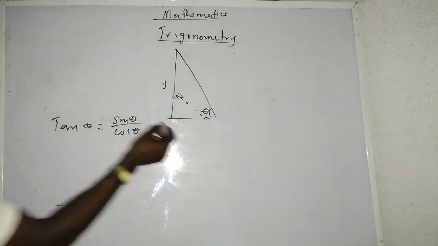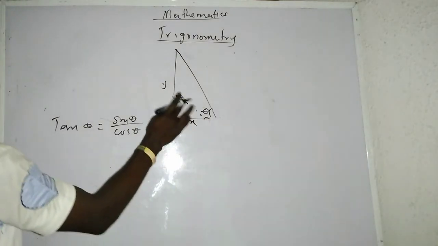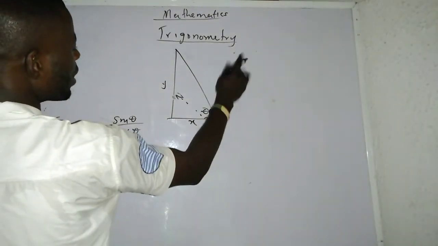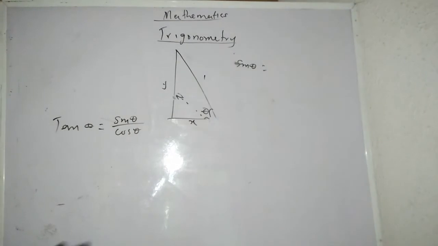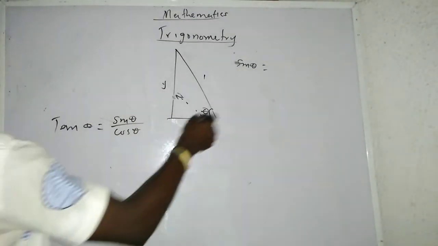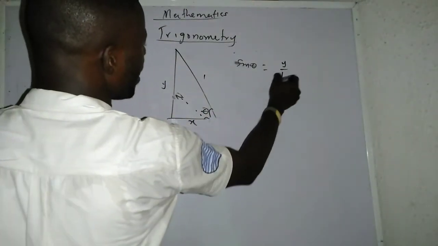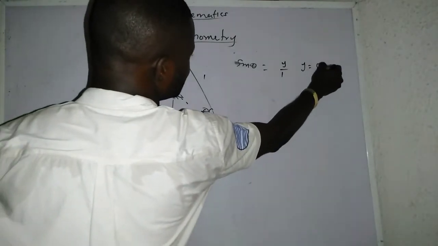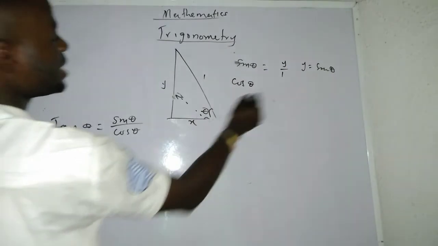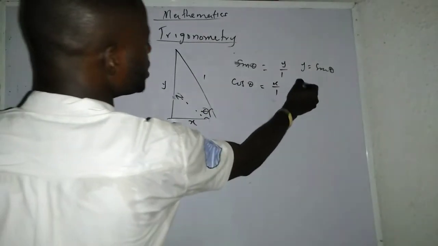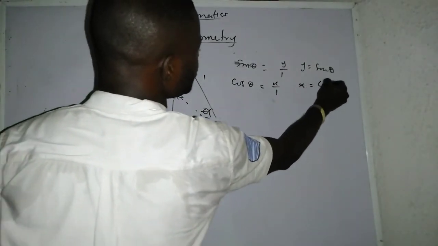How do I show that? If I have the unit circle with radius 1, then sine theta is opposite y all over 1, which is y equals sine theta. Cos theta is adjacent x all over 1, which is x equals cos theta.